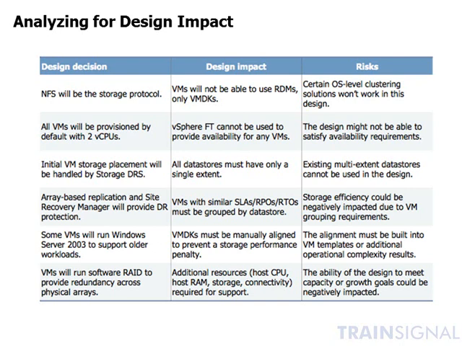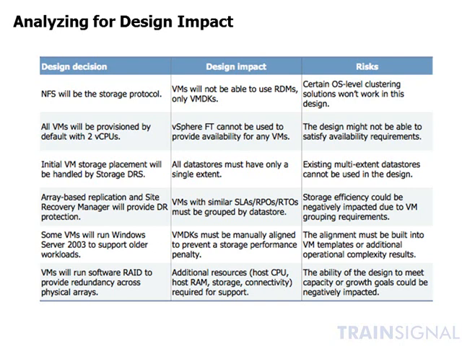So if we look at the first one, we talk about NFS being the storage protocol of choice. Well, then the natural impact from that is going to be that VMs are not going to be able to use raw device mappings, only VMDKs. Now, we could, as I've explained to you in other lessons in the course where I've used the table technique, extend this to show a second level design impact, which says if we're only able to use VMDKs, well, then we're going to be bound to roughly 2 terabytes in terms of being able to present that to a VM.